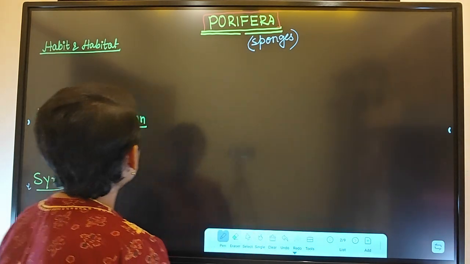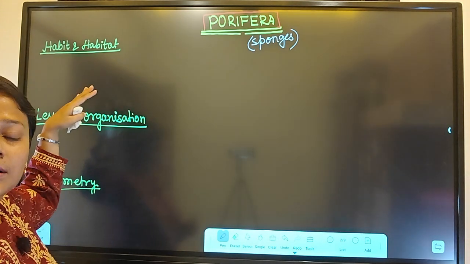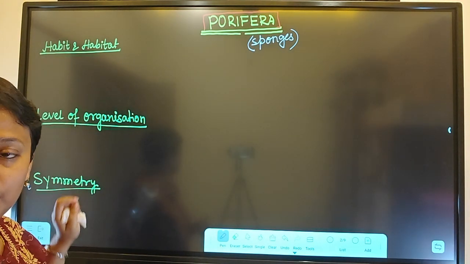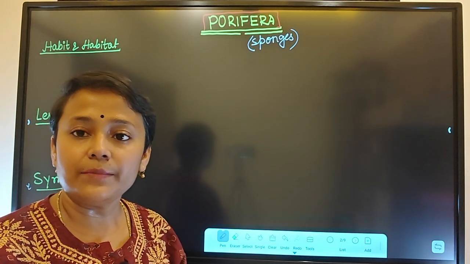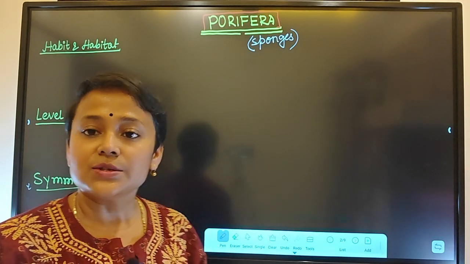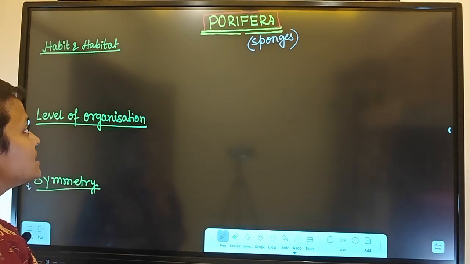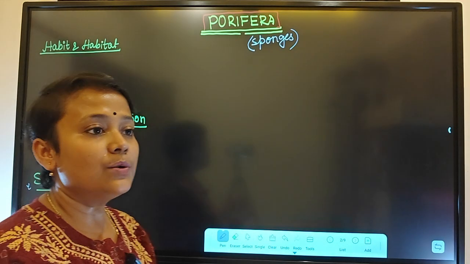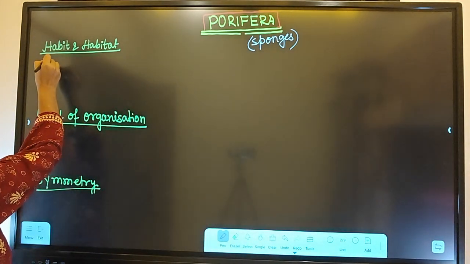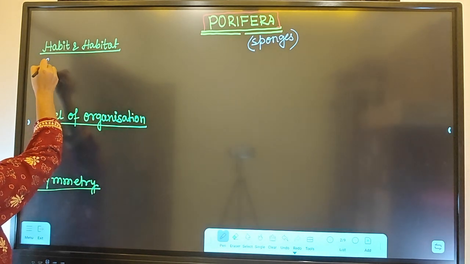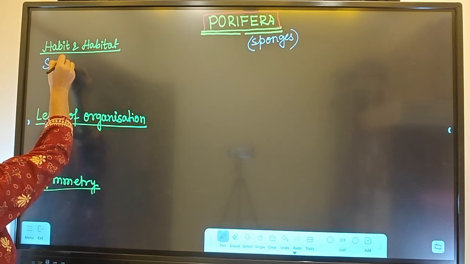Now we will discuss one by one with subheadings. The first subheading is habit and habitat. Habit means they are sessile.